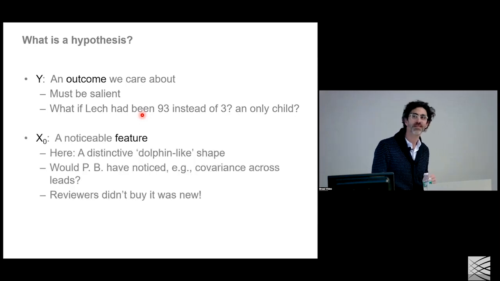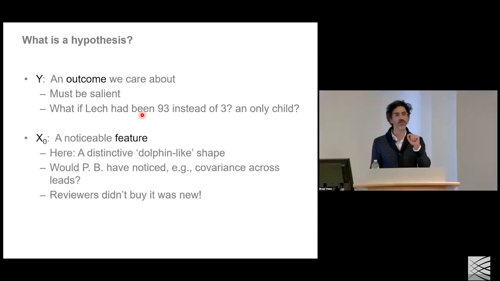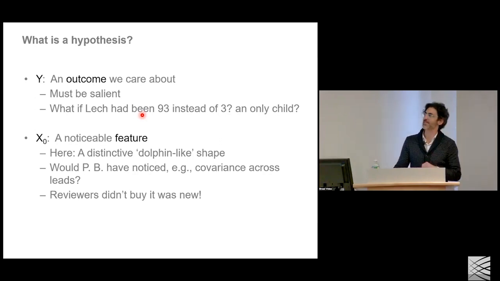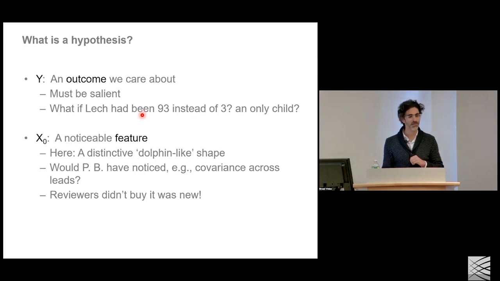Okay, what else? The other ingredient is a noticeable thing, a feature. And here it was the dolphin-like ECG shape. But what if that feature had not been something that stood out from the background rate? What if it had been a large negative covariance across 2 ECG leads? Would any human have noticed that?